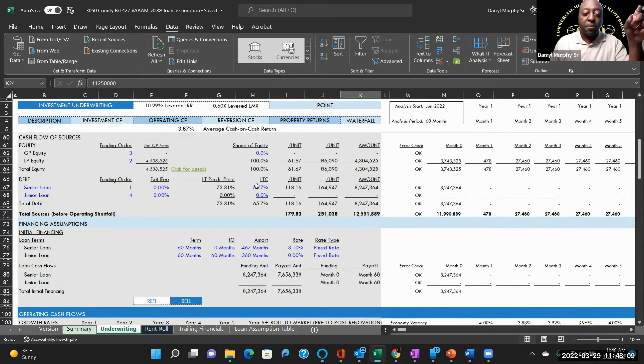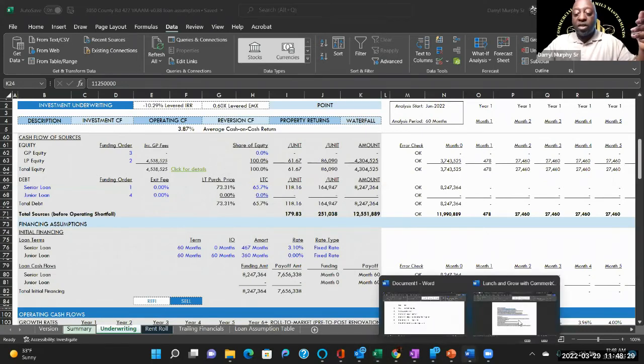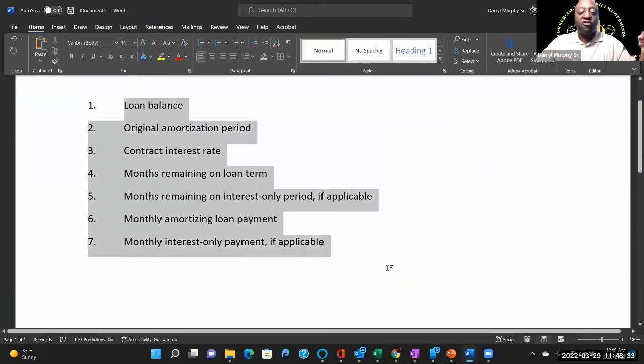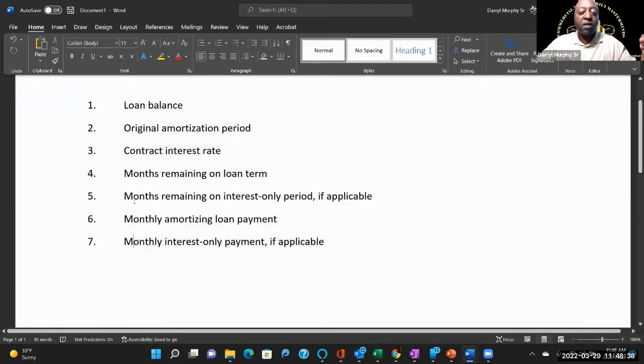So on this particular model, the loan balance on this loan is 8,247,364. So if you don't have this information, ask the broker for this information right here. All 7 of these. Ask them for it.